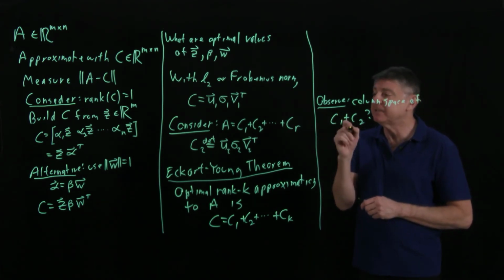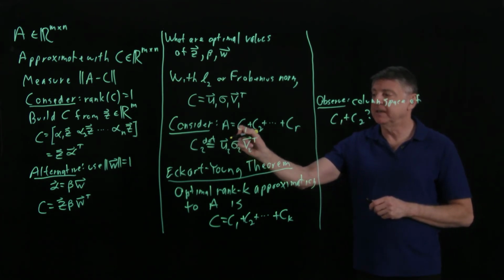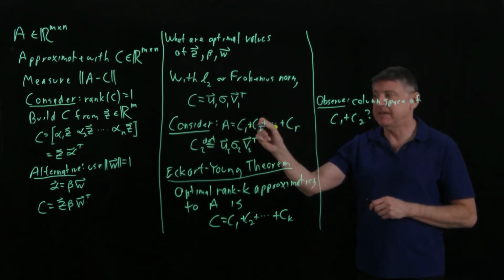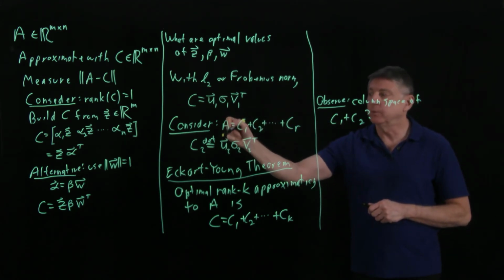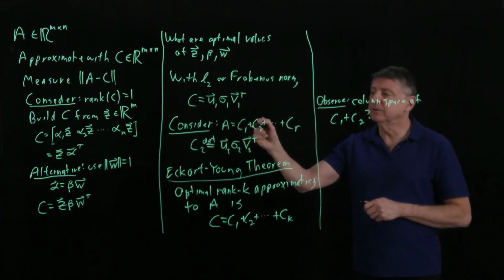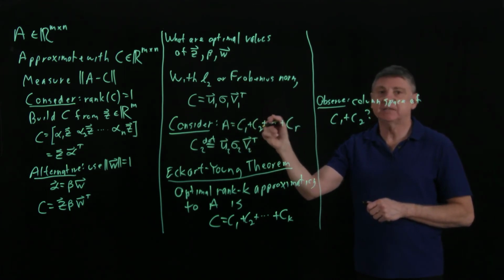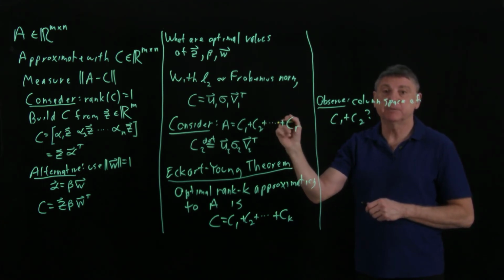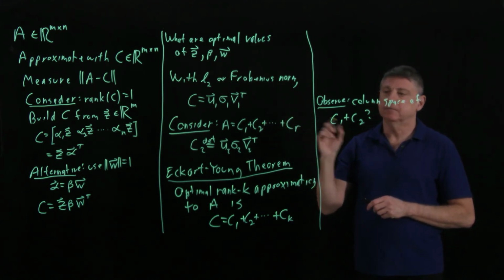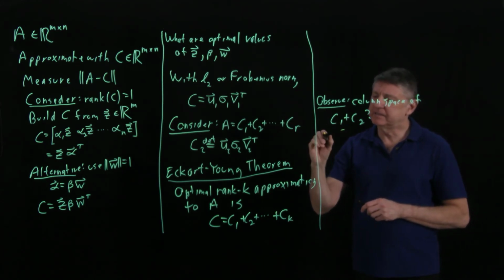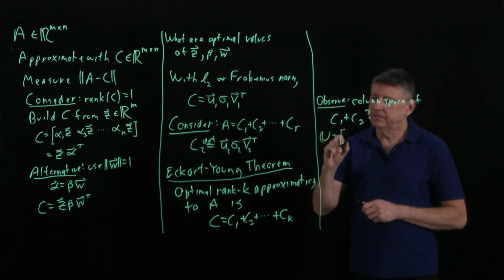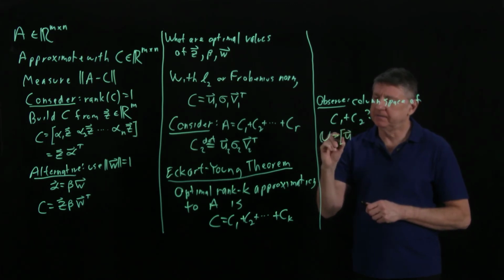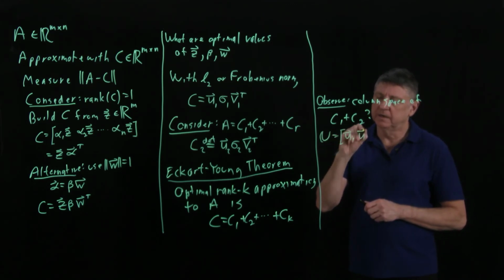If we took the SVD of this, it would turn out that it has to be the same thing. We have to be able to write it in this way, so we can either read out the series from the SVD or read out the SVD from the series. And if I read out the SVD from the series, then it is a vector space U, which is spanned by U1 and U2.